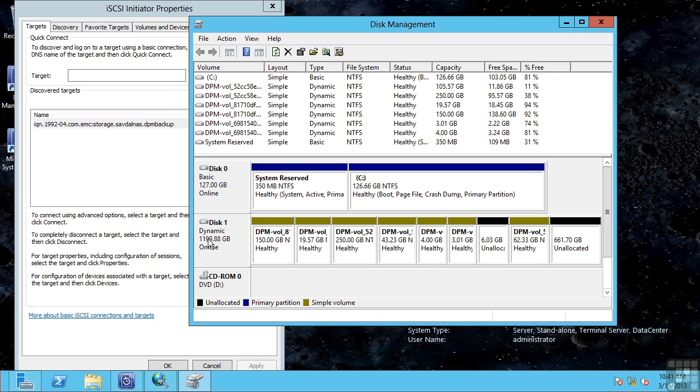That storage actually appears as a volume, so it's not directly attached, but with the protocols being used, I have block level access to that device. So I can actually create my own volumes on it, format the file systems, and really do anything I would do with a direct attached, but without the challenge of having this local to the machine, which then gives me utilization, backup, and other management problems.